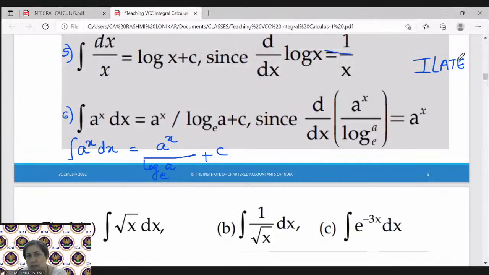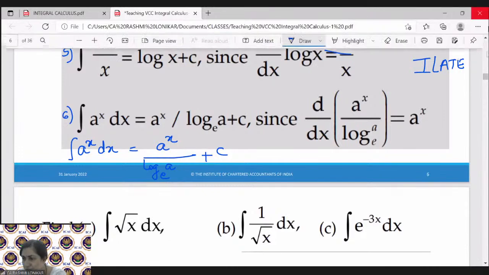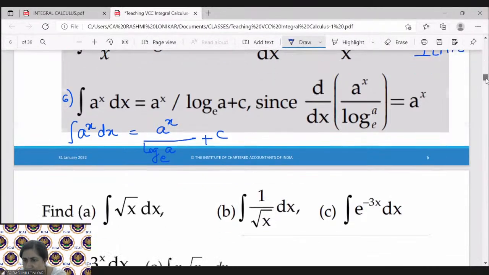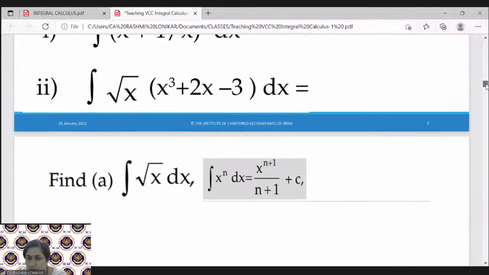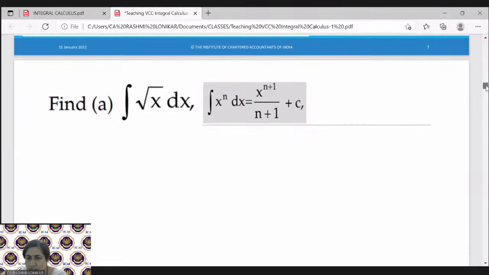Let us go first to solving sums in which we are using the basic six formulas that we have talked about right now. So the first question we are taking is this: integration of under root of x dx.